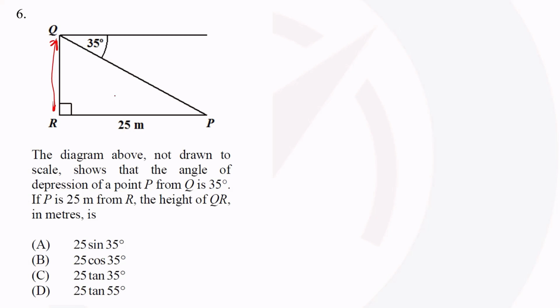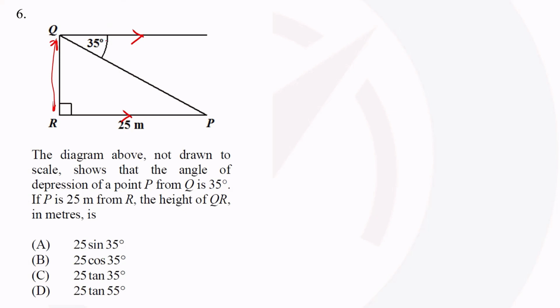Alright. What we know is that if this line is parallel and this line is parallel to each other, here would be your transversal line. So we know that the angle of elevation is equal to the angle of depression, and henceforth the angle of depression is equal to the angle of elevation.